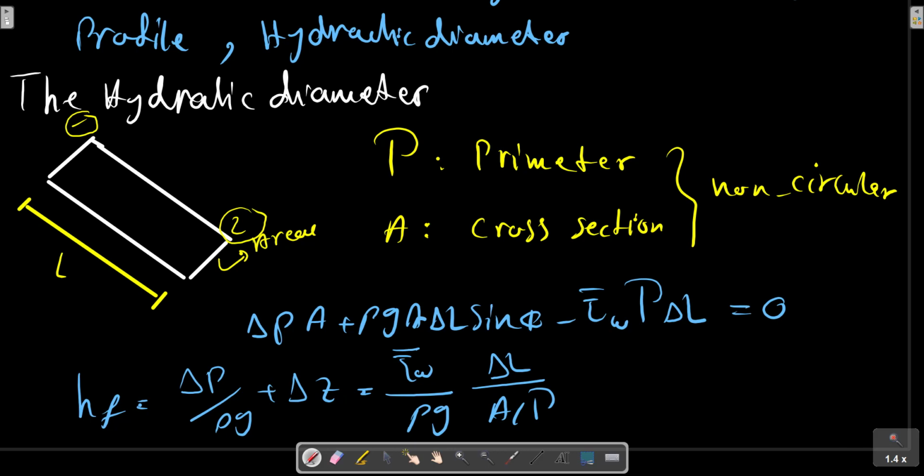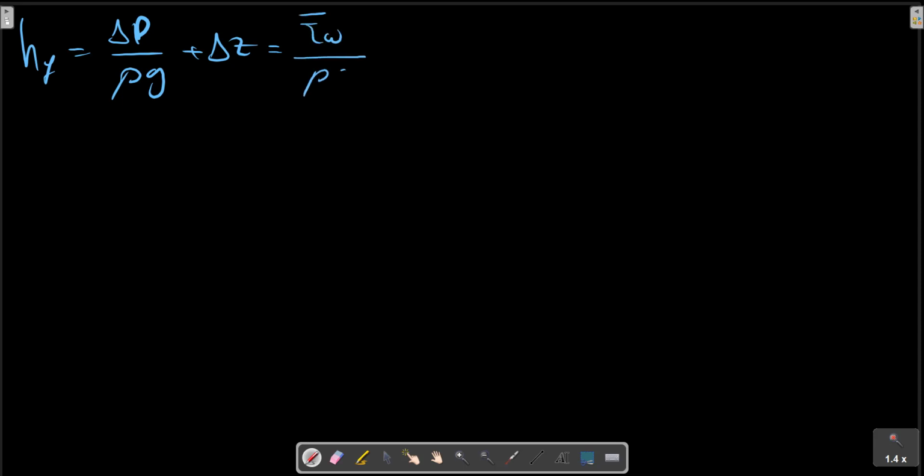There are two notes here: that the shear stress is, let me write the relation again here, the head loss in the non-circular duct.